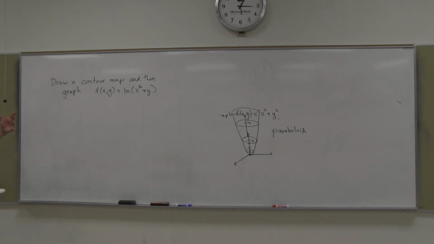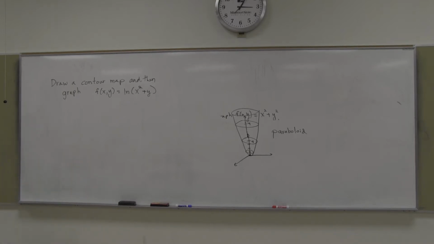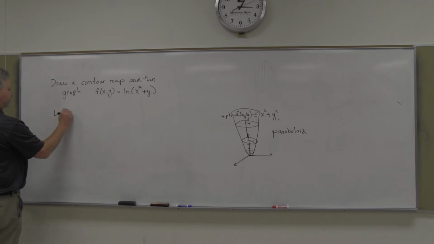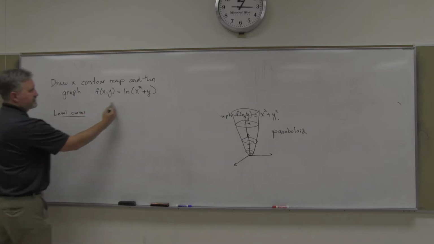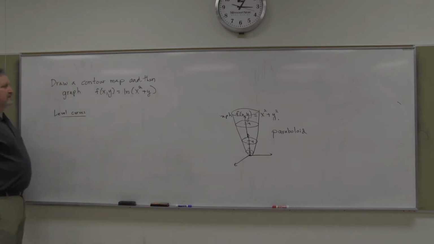Like I said, a contour map is just putting different level curves in an XY graph. In this particular case, it doesn't look like there's anything in particular I'd want x and y to be.